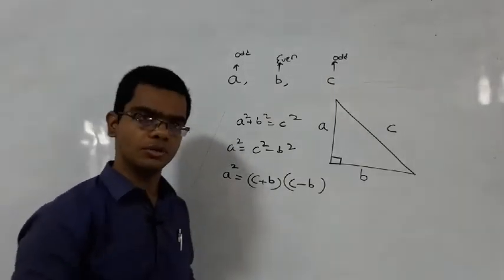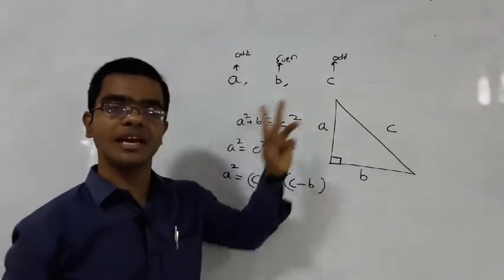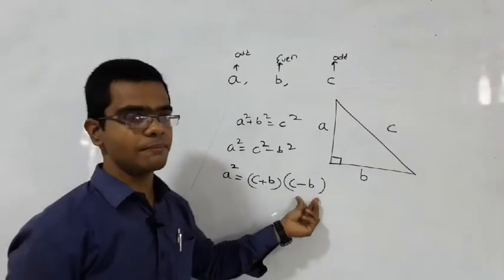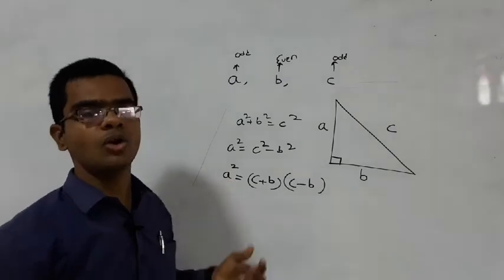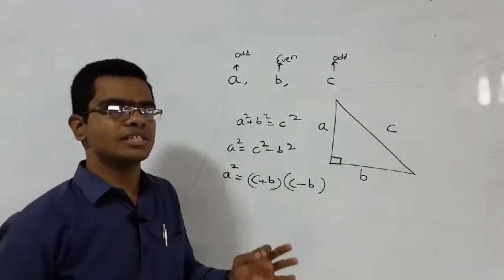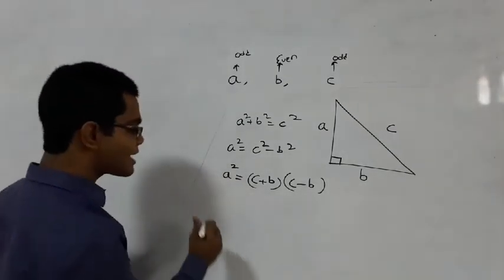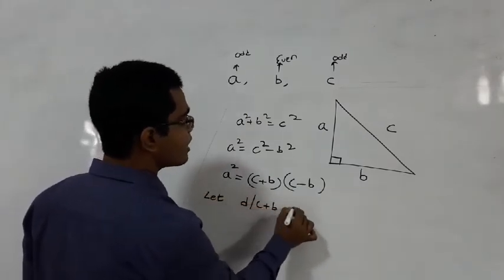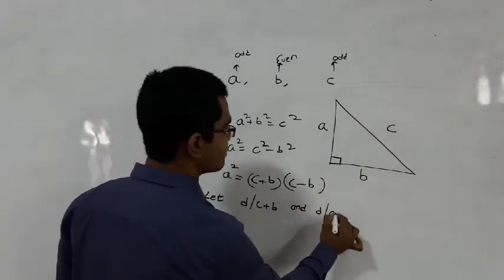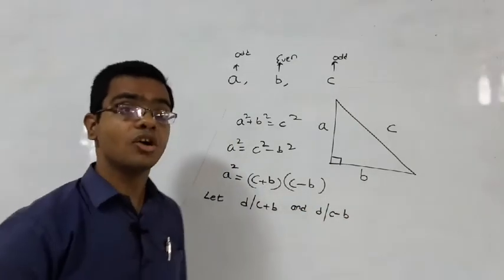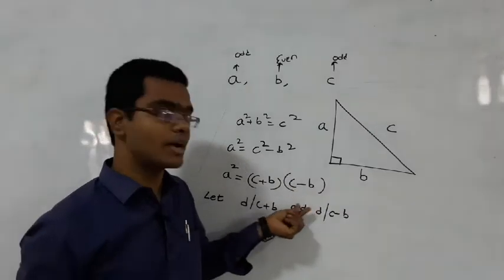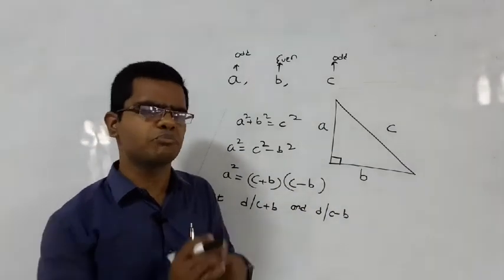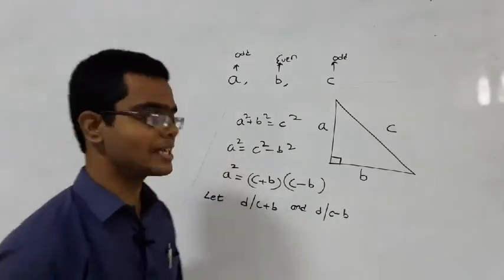Now carefully observe, we know C and B are relatively prime to each other. Now C plus B and C minus B, and there is A square which is an odd number. Now from here I am taking a small assumption: let D divide C plus B and D divide C minus B. What I am assuming is that there is a common factor D for C plus B and C minus B. Now we are going to get something abnormal actually.